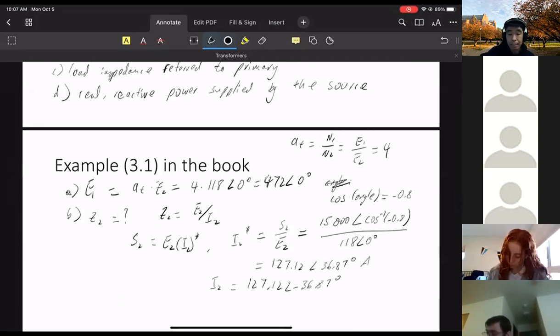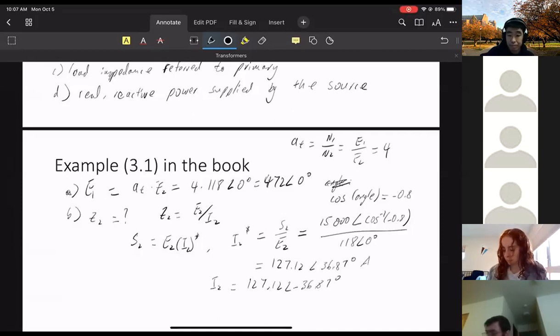So we can divide S2 by E2 to get I2 conjugate, then remove the conjugate by flipping the angle. This is a process. If you have an advanced calculator, you can plug this into the calculator. In general, you should have something that can compute this sort of complex calculation.